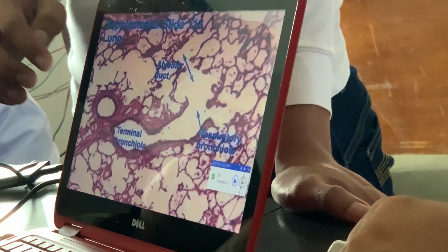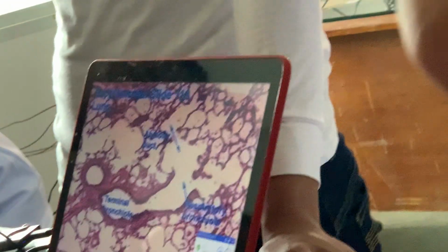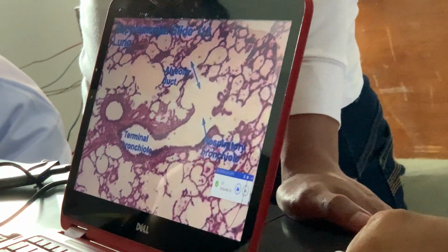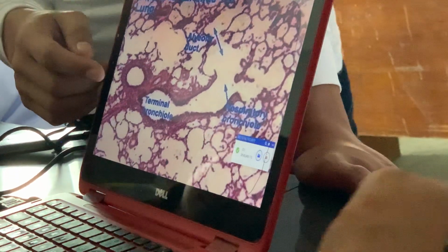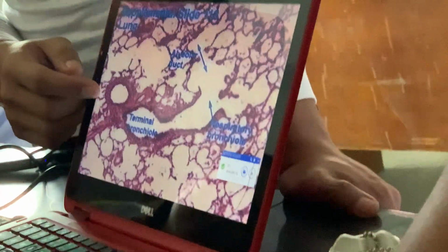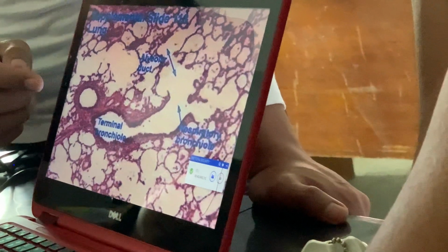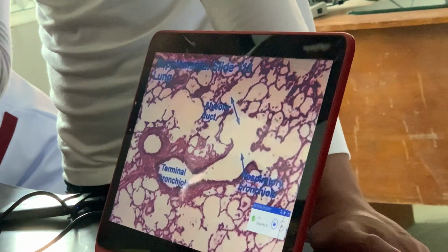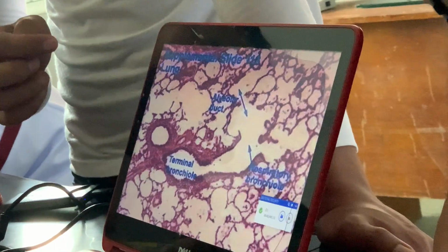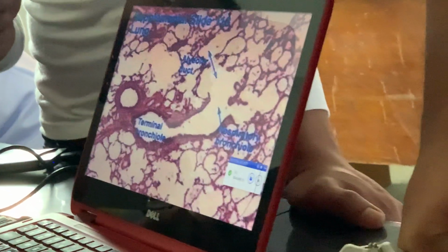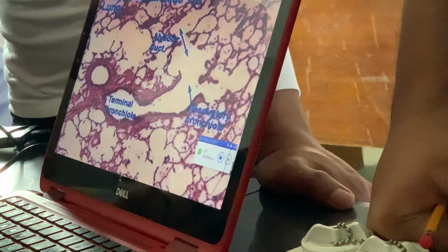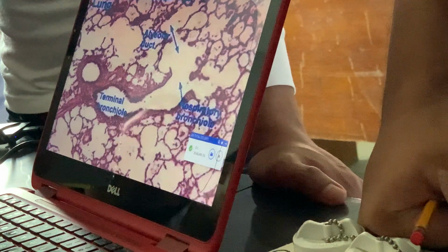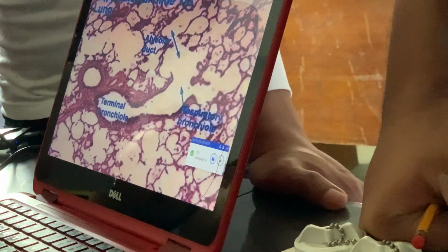It's very obvious, right? Pseudostratified or respiratory? So this is really simple cuboidal. Next step, look for cartilage. Is there cartilage? No. So what is that organ? Terminal. Very good.